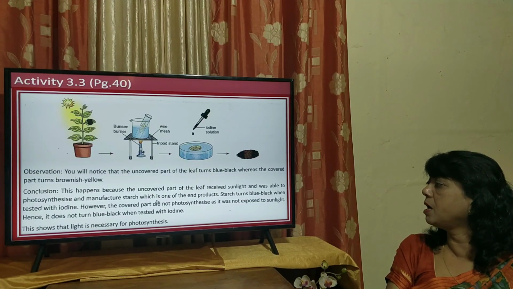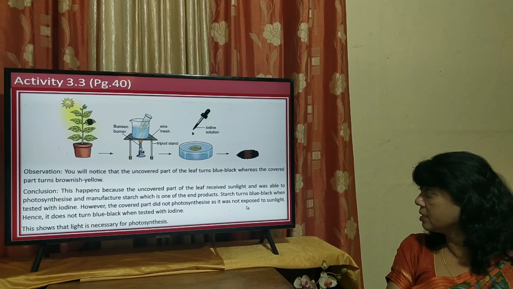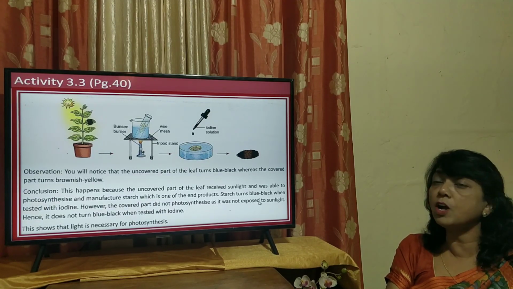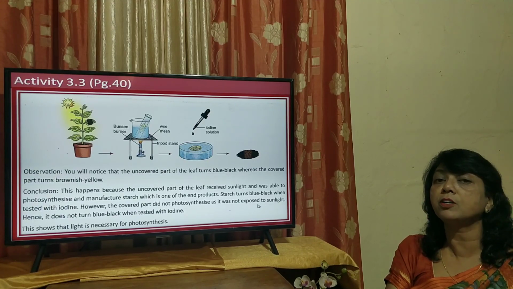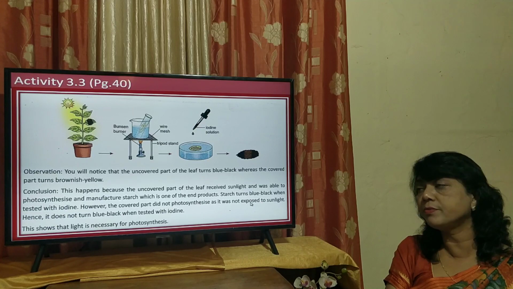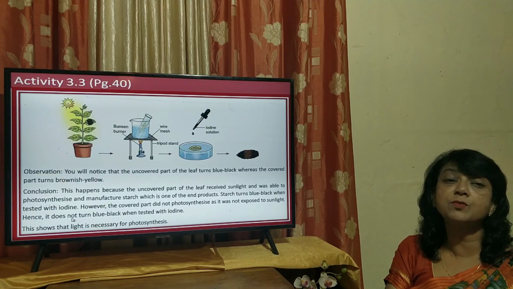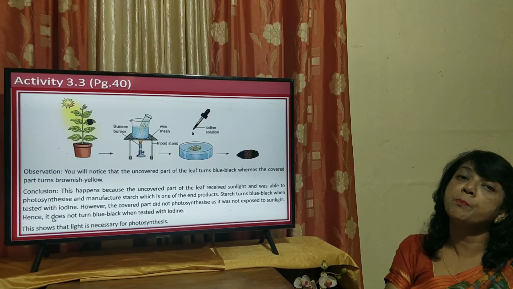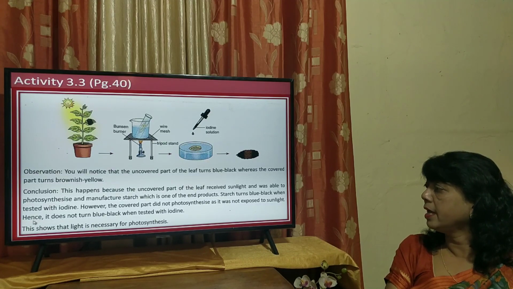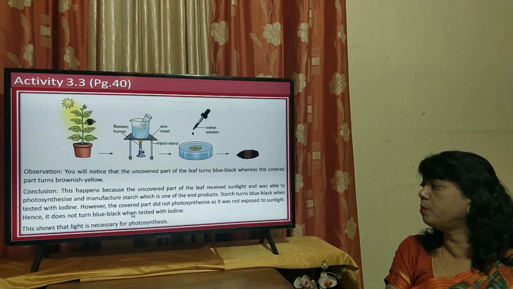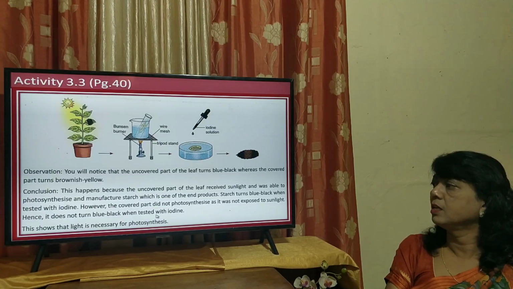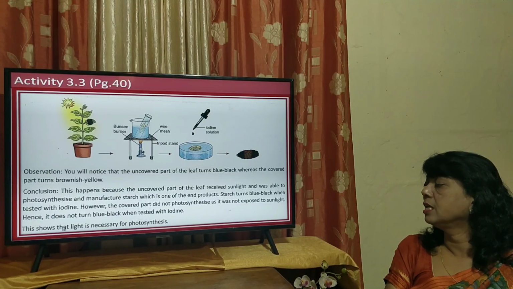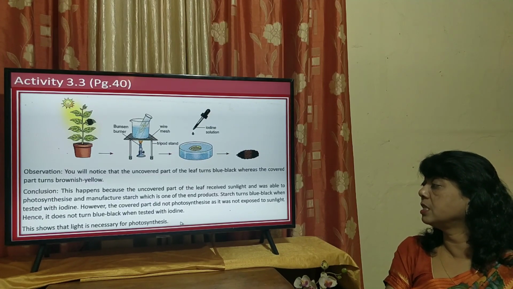However, the covered part did not photosynthesize as it was not exposed to sunlight. That means the covered part of the leaf did not receive the sunlight and hence it was not able to make its food. Hence, it does not turn blue-black when tested with iodine. This shows that light is necessary for photosynthesis.